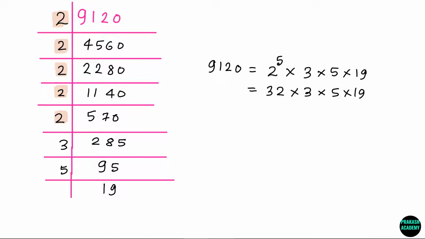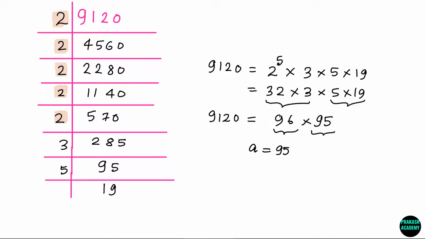You have to find two numbers whose difference is 1. So you see 32 into 3 is 96, and 19 into 5 is 95. So from here also you are getting these two numbers whose difference is 1 and the product is 9120.